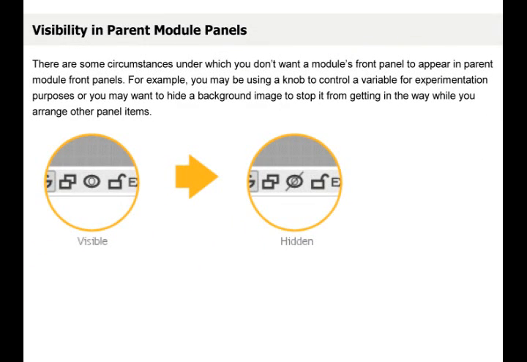Visibility in parent module panels. There are some circumstances under which you don't want a module's front panel to appear in parent module front panels. For example, you may be using a knob to control a variable for experimentation purposes, or you may want to hide a background image to stop it from getting in the way while you arrange other panel items.